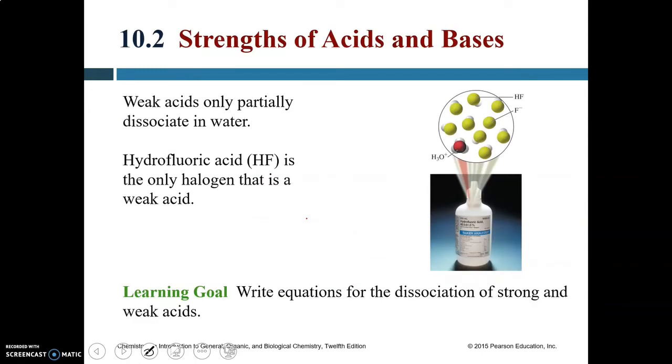Acids and bases can be characterized by differences in strength. Strong acids and bases completely dissociate in water. Weak acids and bases only partially dissociate in water. For example, hydrofluoric acid is the only halogen acid that is a weak acid.